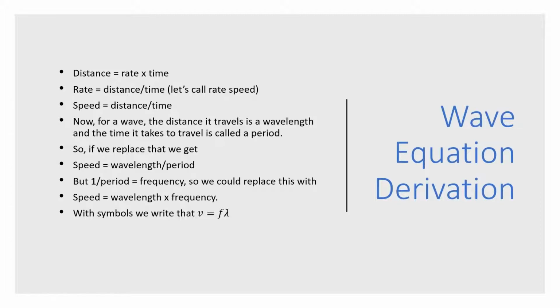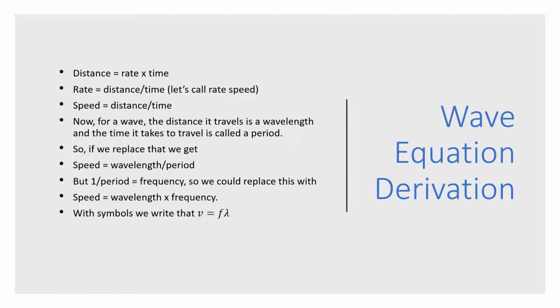Remember I kept telling you that frequency and period are really closely related. Obviously, frequency is 1 over period. Well, 1 over period is kind of what I have. Wavelength divided by period would be the same as wavelength times 1 over the period. But 1 over the period is frequency. So speed equals wavelength times frequency.